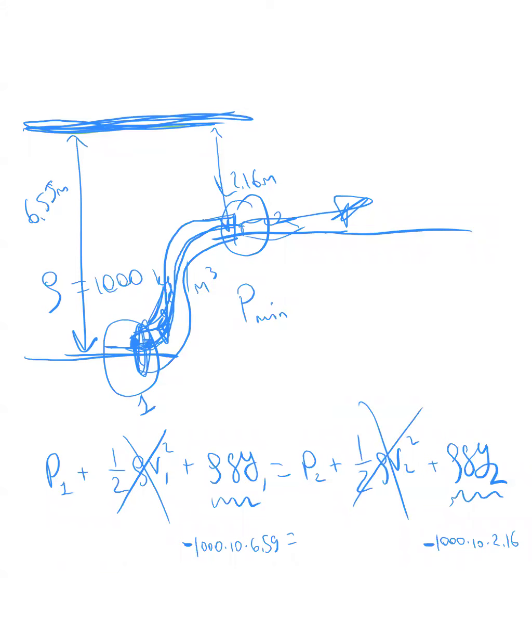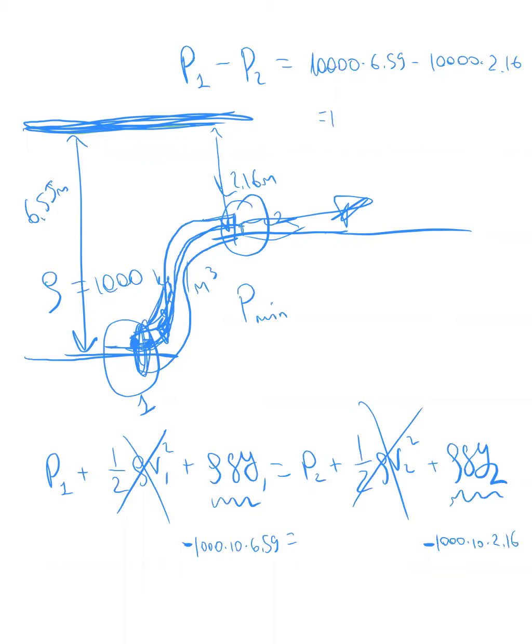And so now this problem becomes quite simple. I'm looking for a pressure difference, and for the pressure difference between points 2 and 1, I will have pressure at point 1 minus pressure at point 2 equal to 1,000 times 10, which is 10,000, times 6.59 minus 10,000 times 2.16.